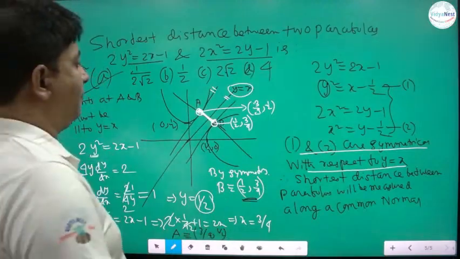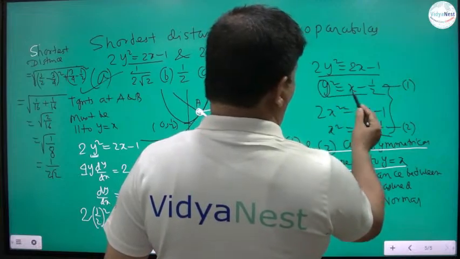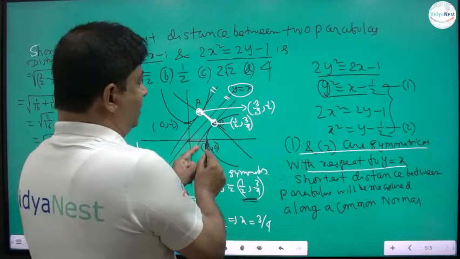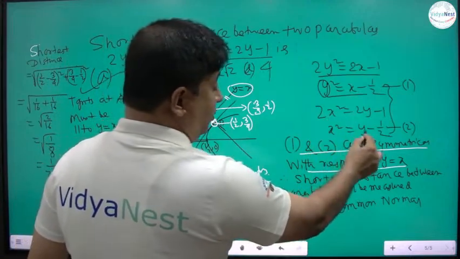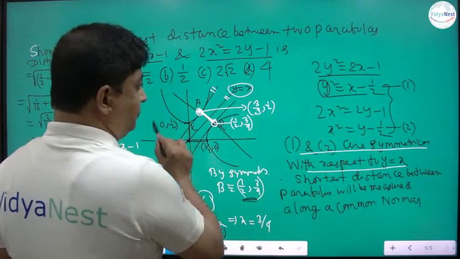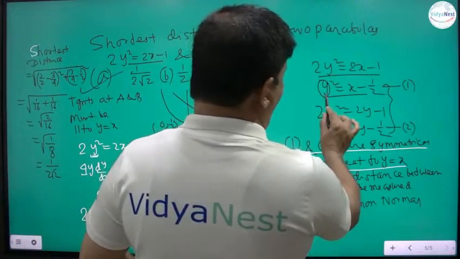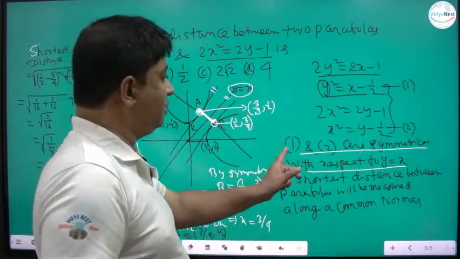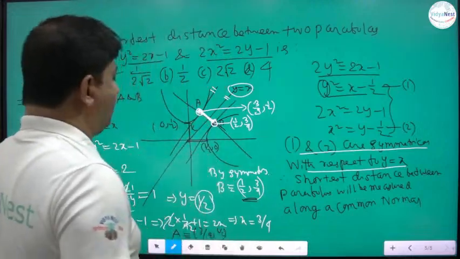How good the sum is? You observe, that is one parabola. I have written in this term. That means along the x-axis it will shift half unit. This parabola x² = 4ay, but not actual y, y minus half. It will go half unit up. Now, in place of y, if I put x, I will get the second equation. That means equations 1 and 2 are symmetrical with respect to y is equal to x.